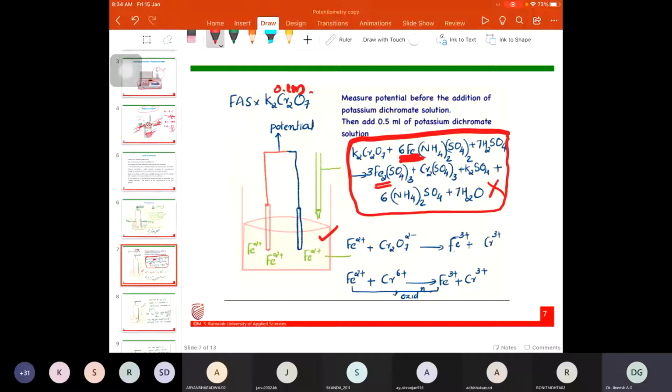Rather, you just want to know which atoms or groups undergo oxidation and which group undergoes reduction. Only that you have to learn. Clear? Yes, sir. So in the solution, Fe2 plus ions are there. These Fe2 plus ions after this reaction will be converted into Fe3 plus ion. Okay. Yes, sir. So this reaction is oxidation.